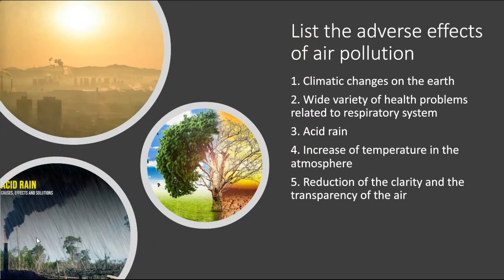Anyway, if those things happen, we are going to have to face some severe consequences. There are severe or adverse effects of air pollution. One of the most prominent features is that we can see climatic changes on the earth. The best example is the increase in temperature.